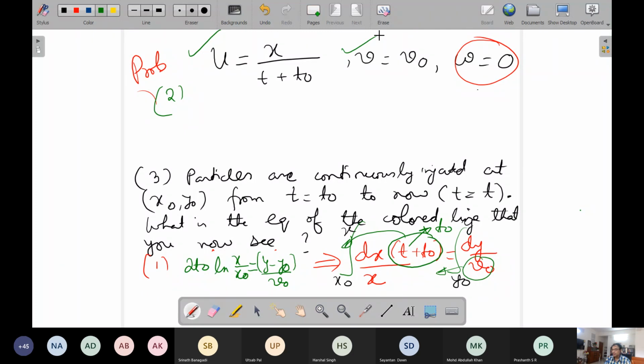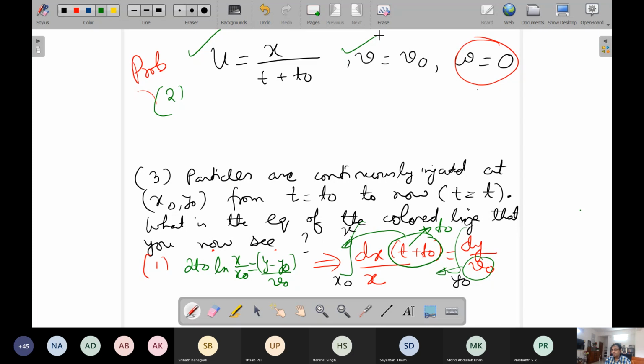See, it is not written mathematically in this way, but all good students must be able to convert a physical picture to a very rigorous mathematical picture. So what you have here is an Eulerian description, and what you want as a solution of question number 2 is a Lagrangian description.